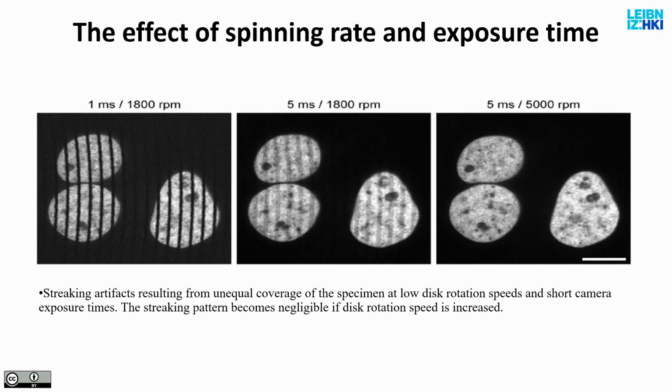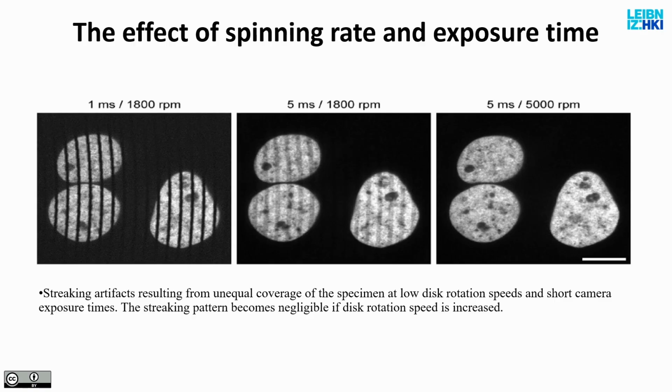Of course, if you don't set up your microscope properly and you do not spin the disk enough times to collect data from every part of the image, you will see this. And you see, okay, I have to leave my camera shutter open longer.